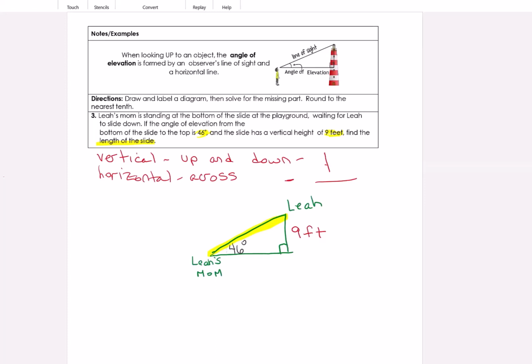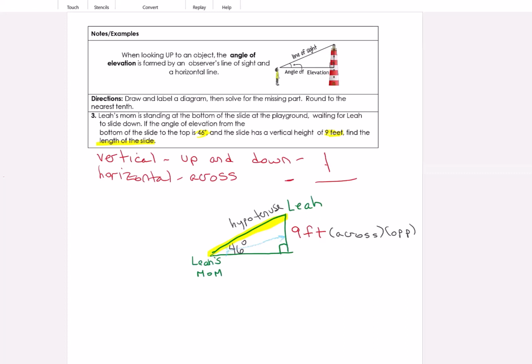If this is my angle, then I look across and I have 9 feet. So I have the across, which is the same as opposite. And I have the hypotenuse. Hypotenuse is always the longest side, and it's always across or opposite of the 90-degree angle.